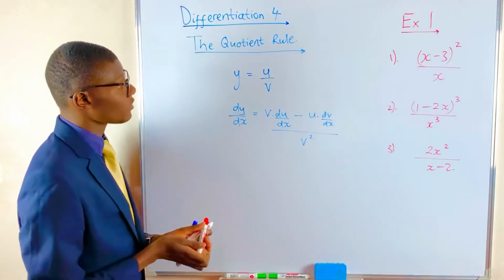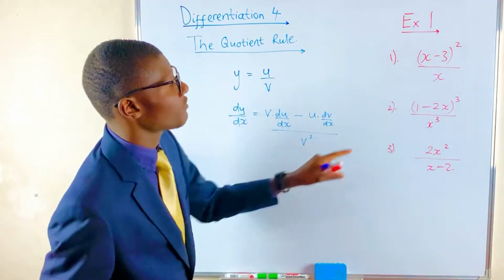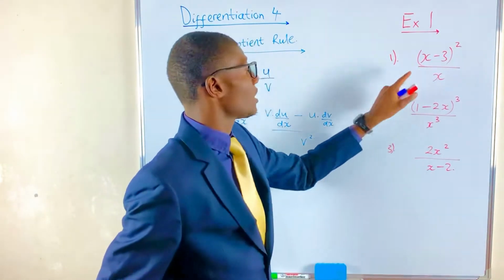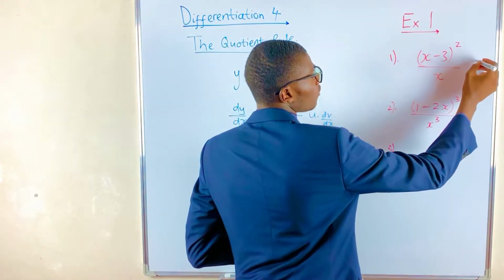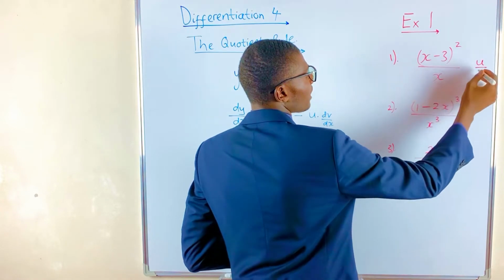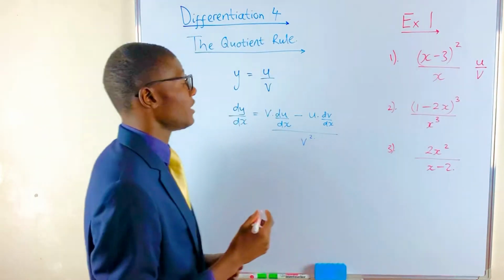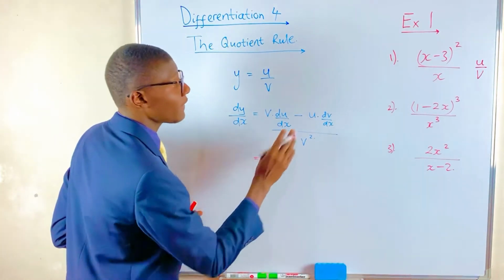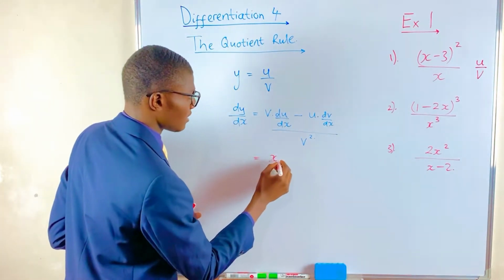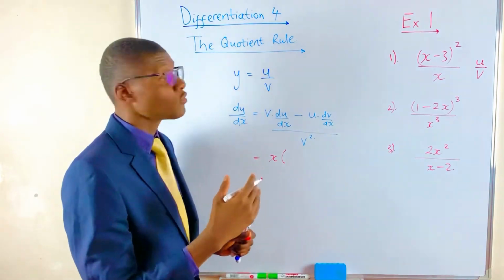For the first one, we've got (x minus 3) squared over x. The numerator is our u, and the denominator is our v. So dy by dx is equal to v, being x, times du by dx.